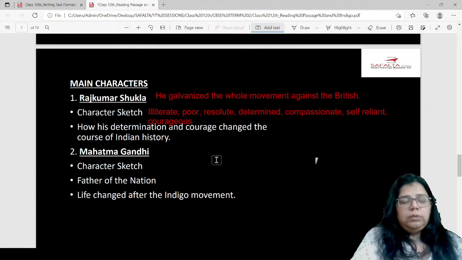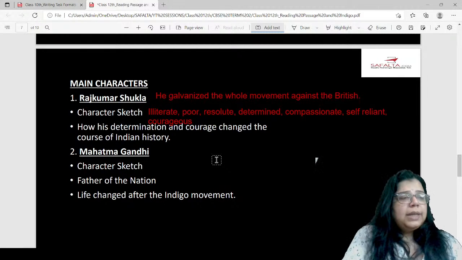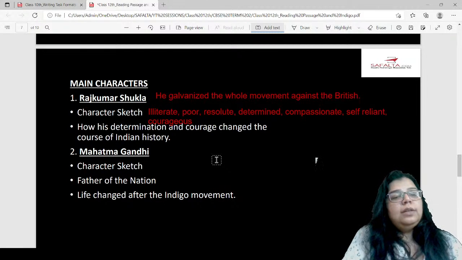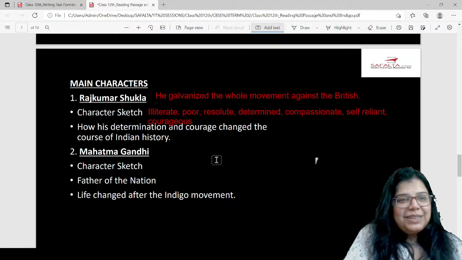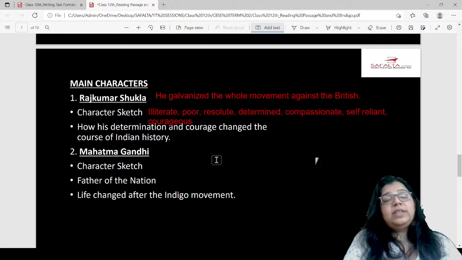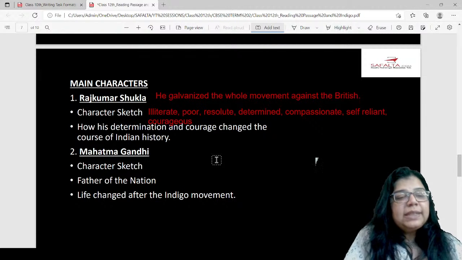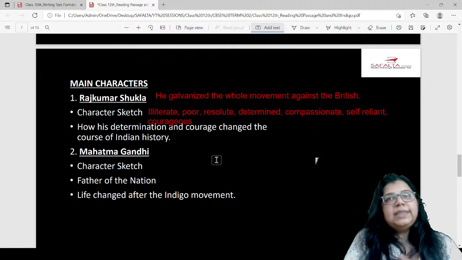Then, excuse me. After that, of course, there's Mahatma Gandhi. So the character sketch of Mahatma Gandhi is very important. Of course, we all know he is called the father of the nation. Why is he called father of the nation? That is also very important, and he displays these qualities in this movement itself.